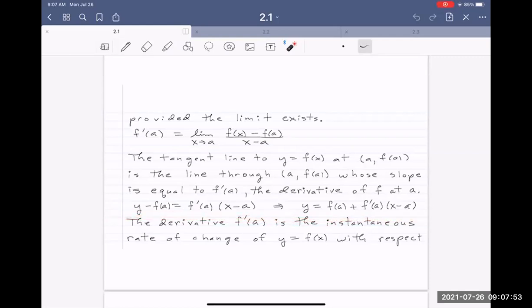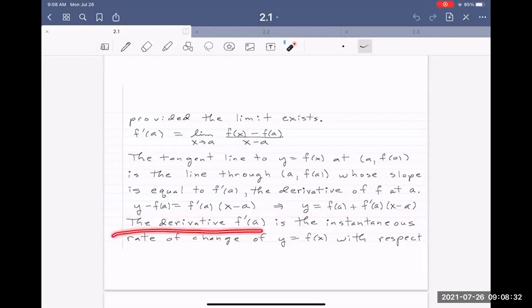Since I know the slope of a tangent line, the derivative of f at a, and I know a point on the line, I can use the point-slope form for the equation of a line to find the equation of my tangent line. y minus f of a is equal to f prime at a times x minus a. Or in other words, y is equal to f of a plus f prime at a times x minus a.